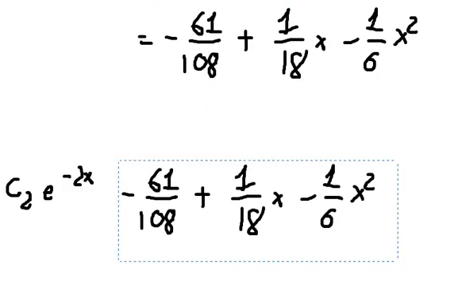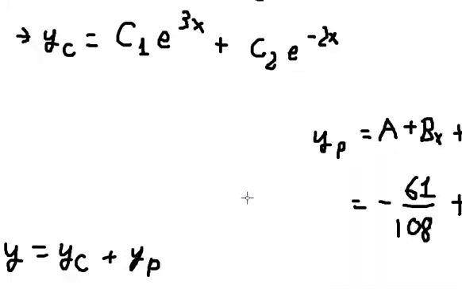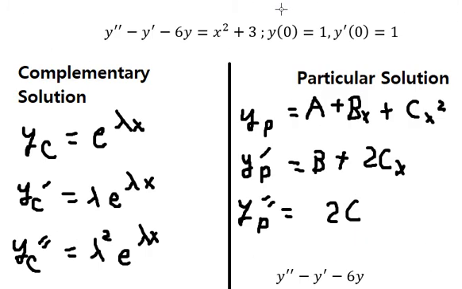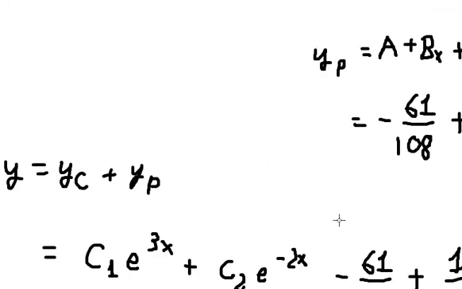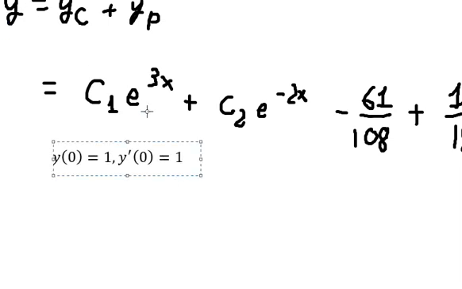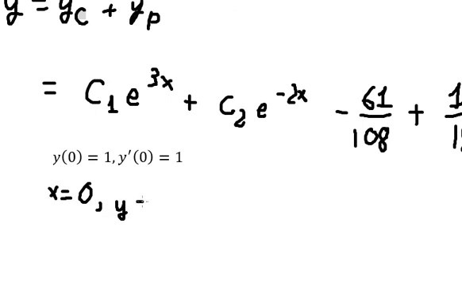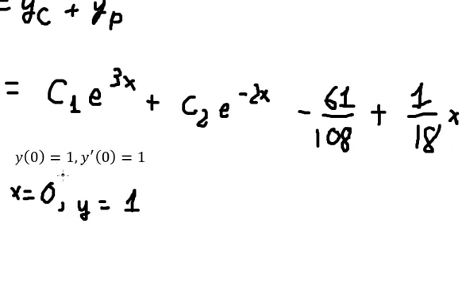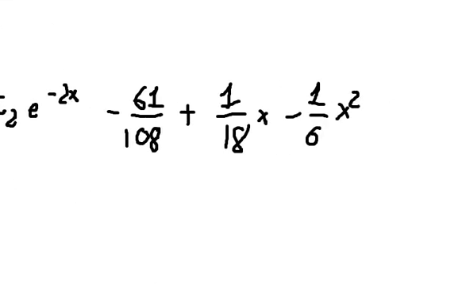And here is the answer for y. Now we have the condition. That means when s equals 0, y equals 1. So we put 0 going here, here, and here.